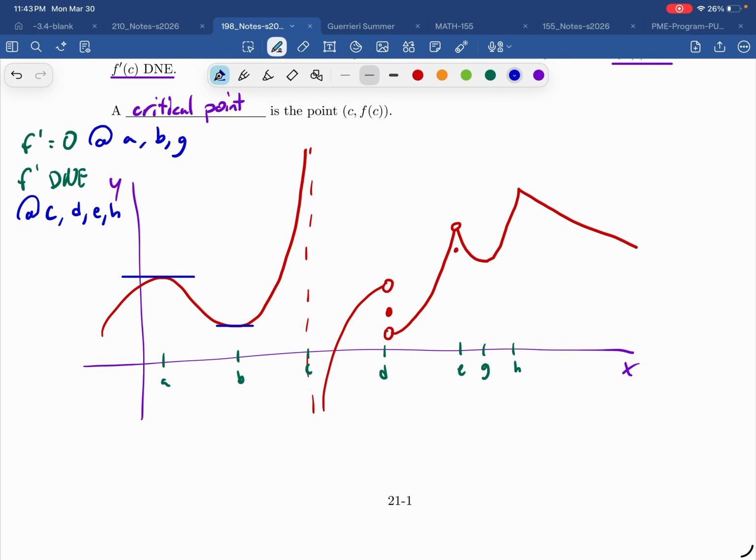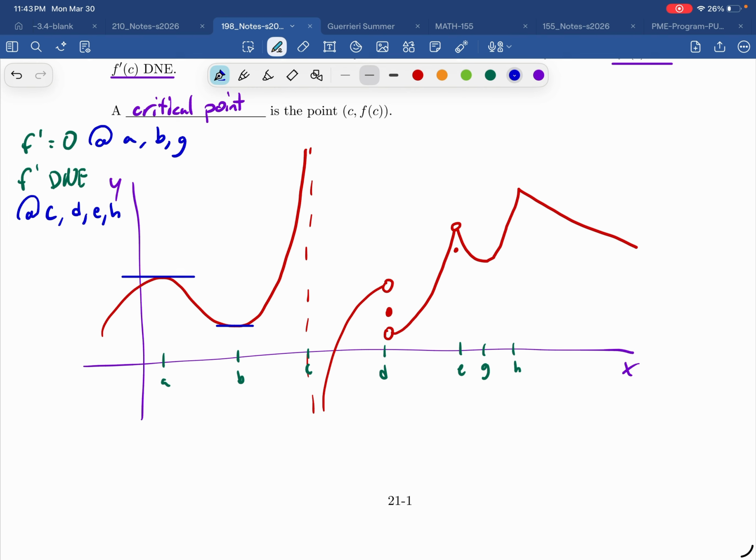Okay, let's just take a look, right? f prime equals 0 at A. Maybe I'll use the at symbol. At A, B, right? f prime equals 0. We have a horizontal tangent line. Same here. f prime equals 0, which we know because we have a horizontal tangent line, right? The slope of the tangent line is 0.